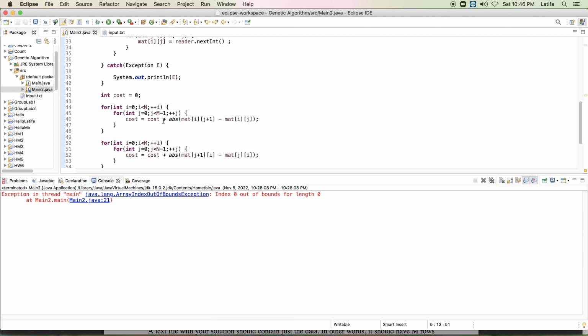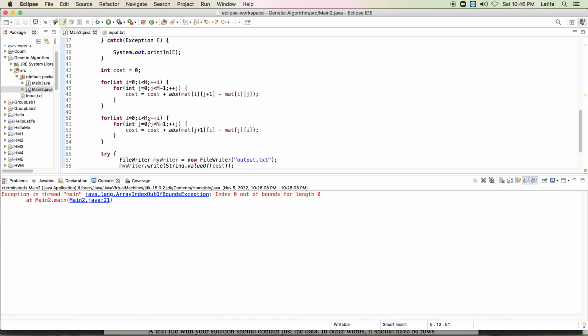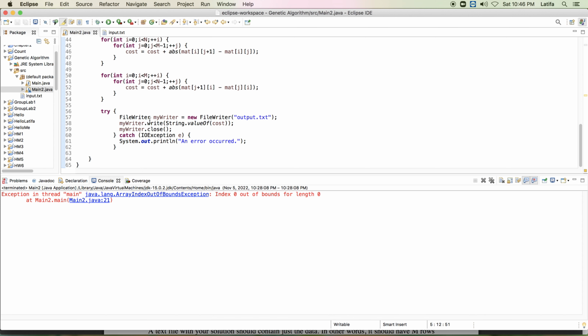So it's like the neighbor. Each number has a neighbor. So I take them both and I make a subtraction, and I take the absolute value of that. I add it to the cost, and that way I have the cost here.